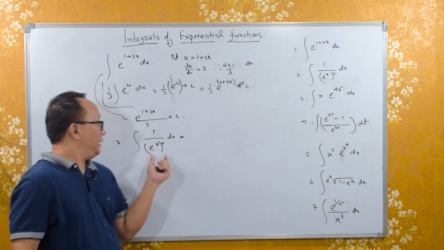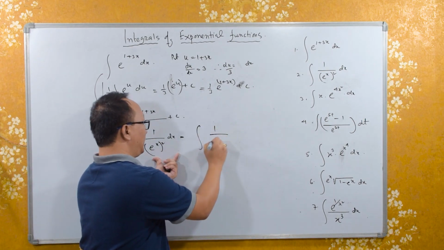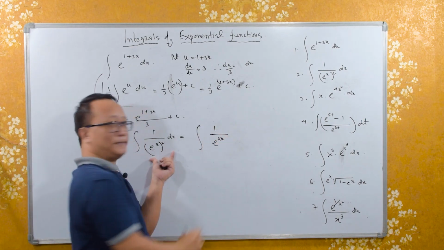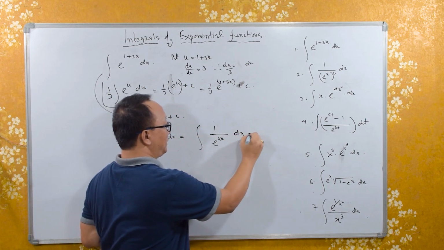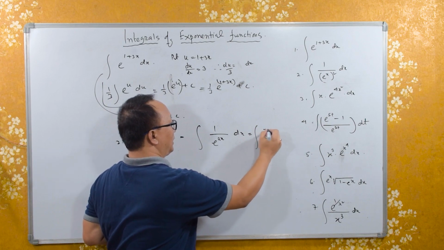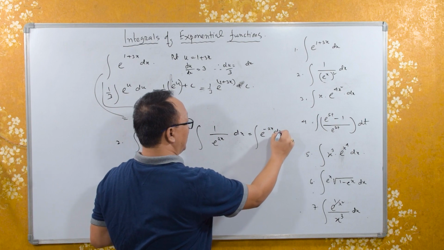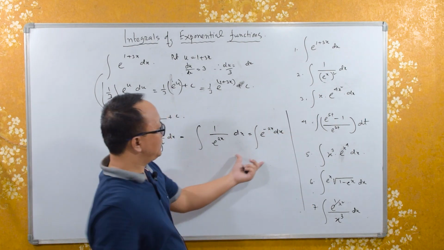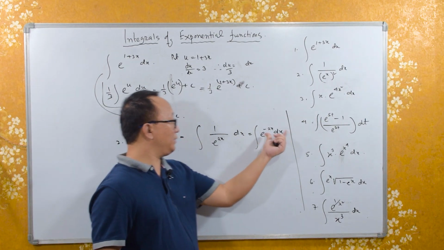Okay, e raised to x the whole square is the same as e raised to 2x. I can bring it up by using the exponential rule, or you can say algebraic rule. It will be e raised to minus 2x dx, which is the integration of e raised to minus 2x.